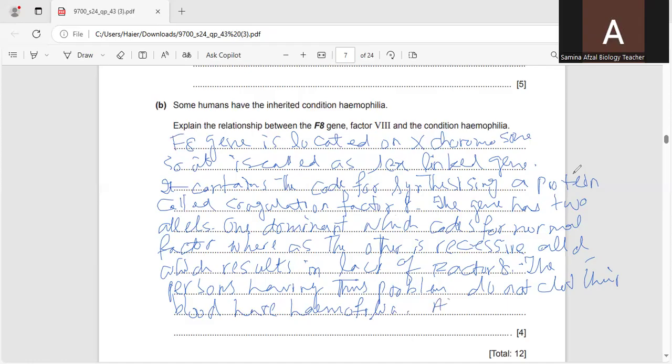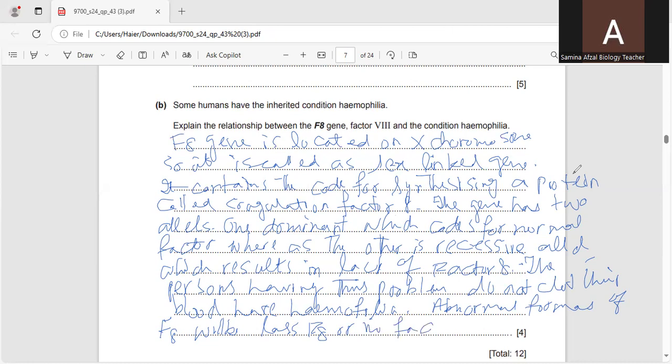Abnormal forms of F8, factor VIII, will produce less factor VIII or no factor VIII.